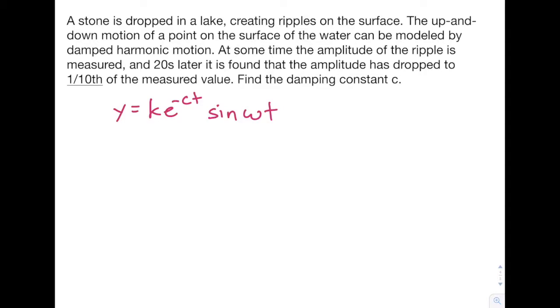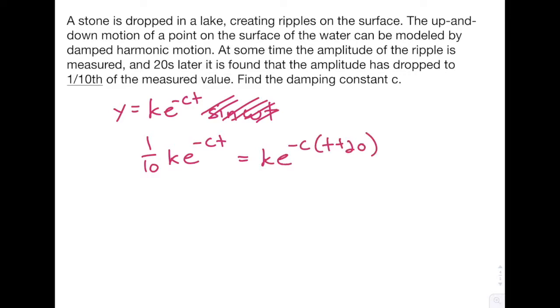So I can just cross this out just to make it clear that we're not working with that. So if we measure at some time t, and 20 seconds later we have a tenth of that first measurement, then we have the equation 1/10 of ke to the negative ct equals ke to the negative c times t plus 20.